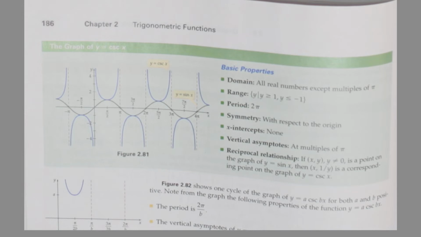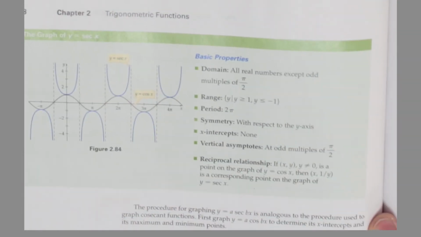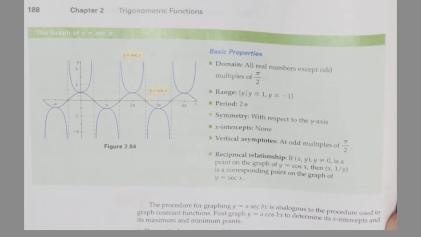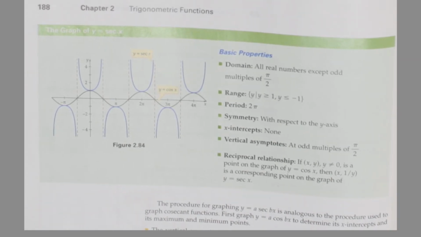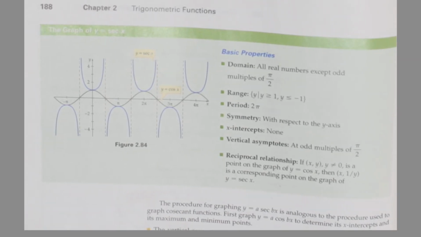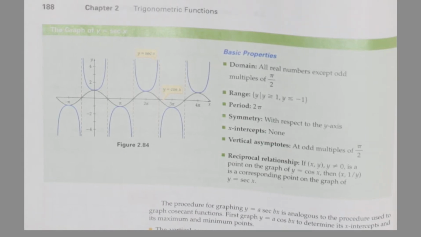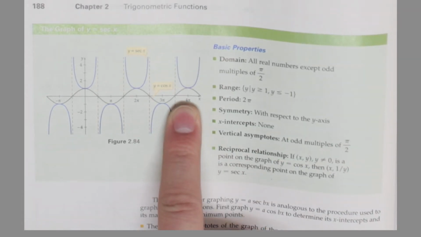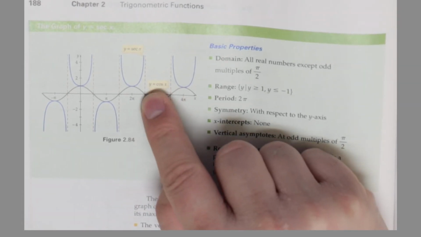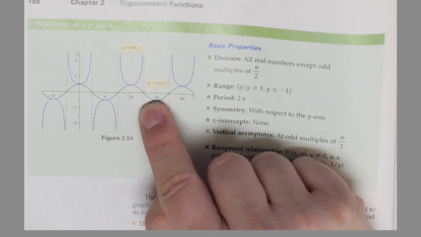And as you can imagine, for the secant function, it's pretty much identical. If you remember, cosine is just shifted by pi, right? So if you move it around, it's the same idea. So you have 3 pi over 2.